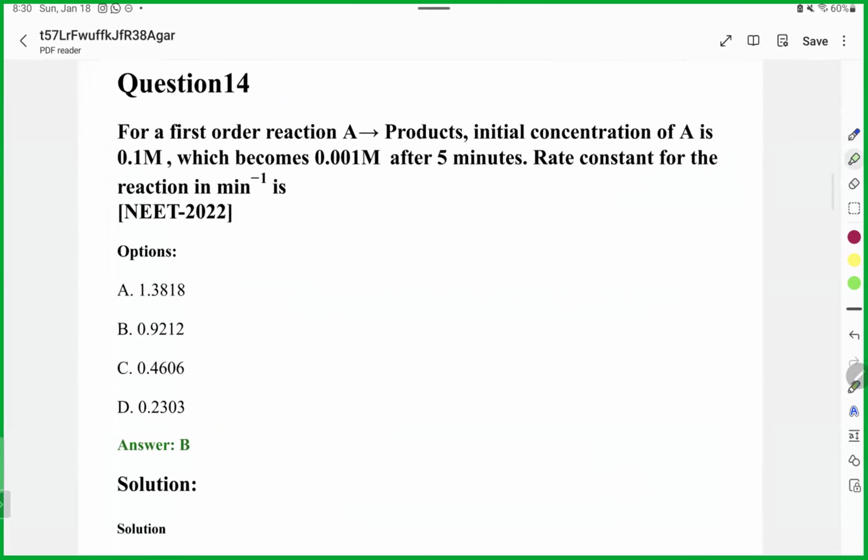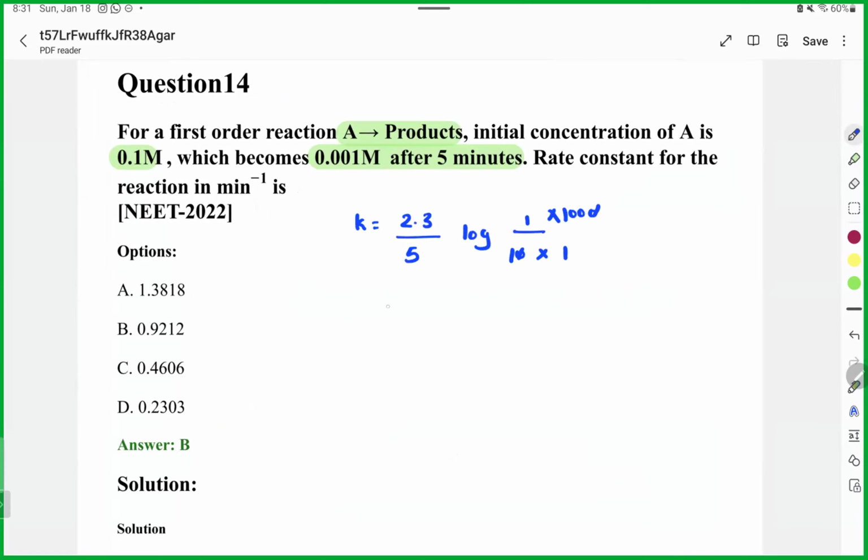See, next, Marinder. A initial concentration is this, and becomes this after 5 minutes. What will be the K value? This is 1 by 10 and this is 1 by 1000.